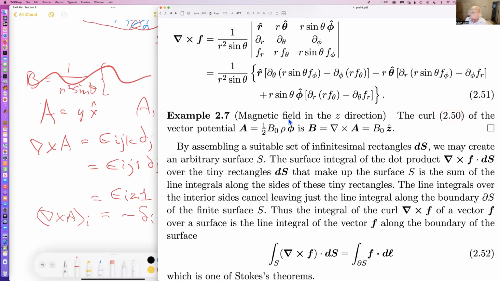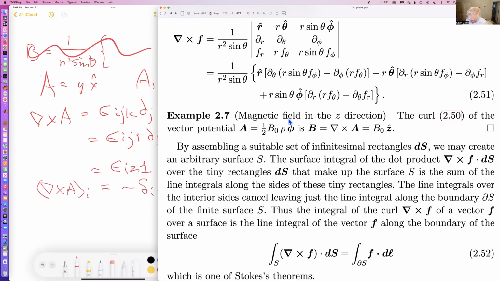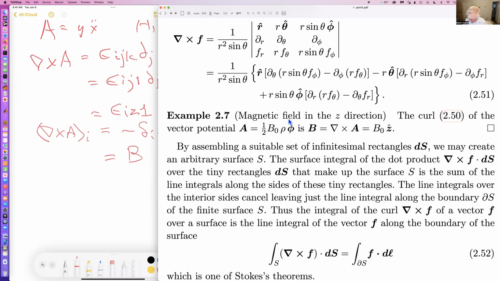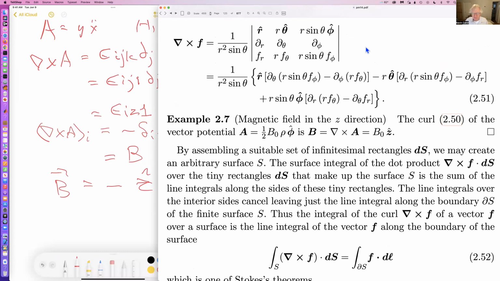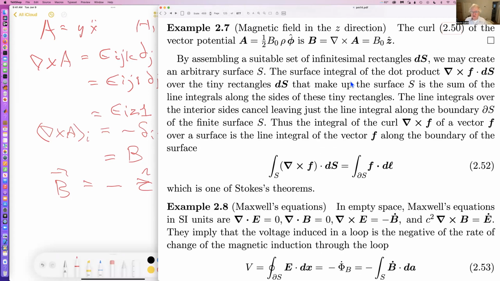So what I wrote here then, this means that B points in the z direction, and B is then the vector minus z hat. So it's a unit vector in the z direction. I lapsed into rectangular coordinates just because I didn't want to screw around with all these trigonometric functions.